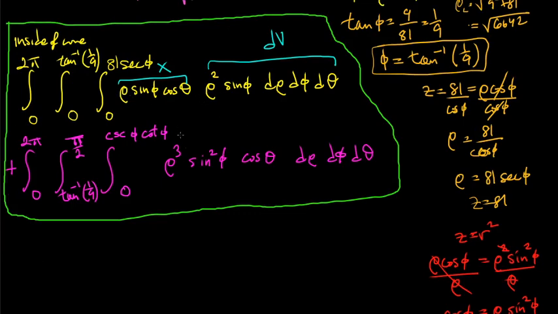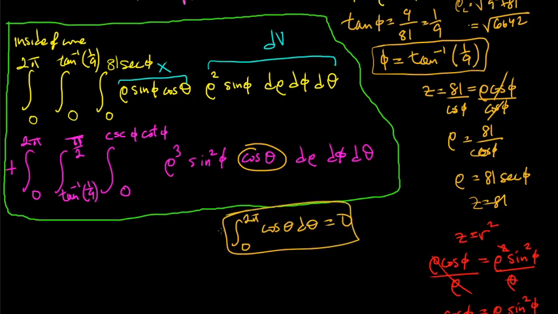Obviously spherical coordinates is probably the most difficult to evaluate. But at this stage, if you're clever, you notice that you're just integrating cosine of theta from 0 to 2 pi again. So that's just going to give you 0. Everything else, if you integrate the rho cubed, you're going to get something very complicated here.